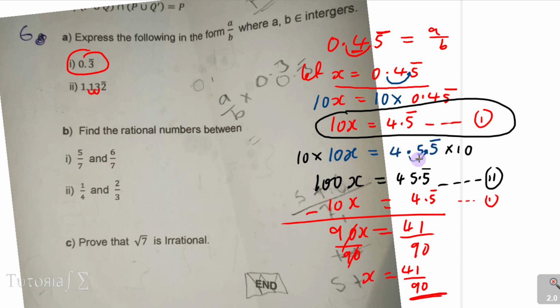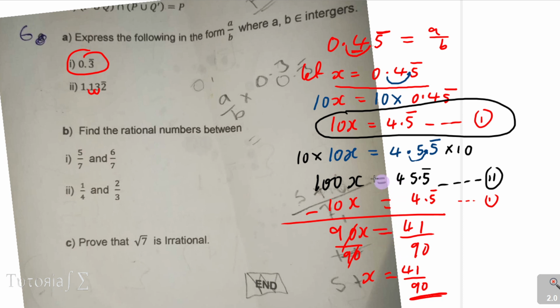So we write 10 this side, it will give us 100, and this side multiplied by 10 it will give us 45.5. Then you call that equation 2. Okay, so you have to follow these steps for all questions and you'll be okay. Then here you subtract 100x minus the equation 1, whatever. Then you simply make x the subject of the formula and you are done.